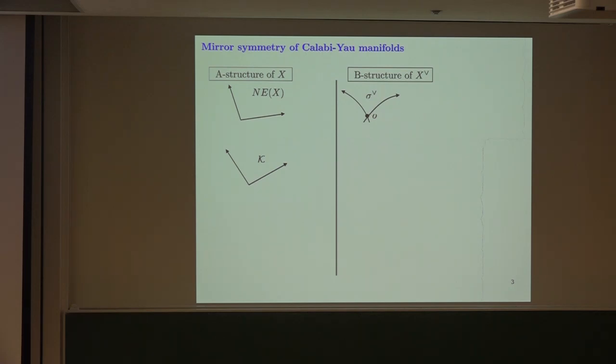But usually, even in this situation, it is singular. So the coordinate ring, whose origin is O, is still singular.